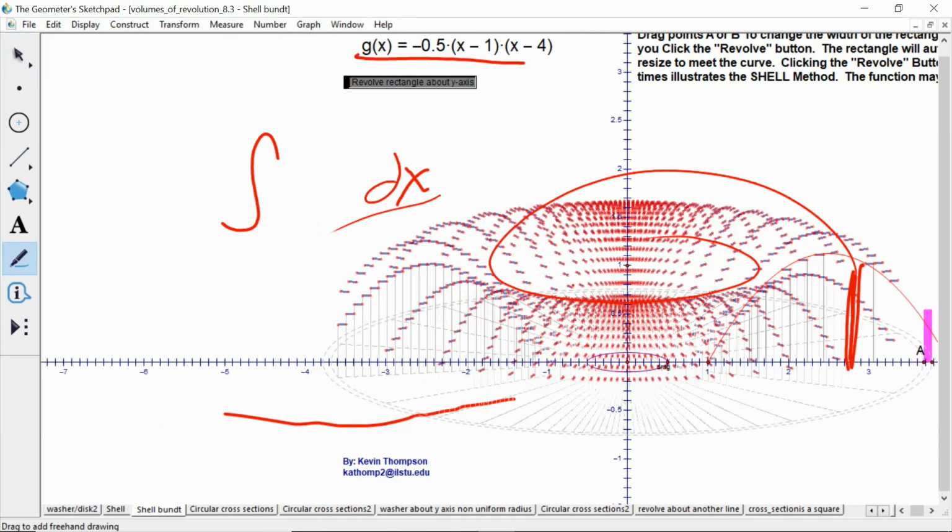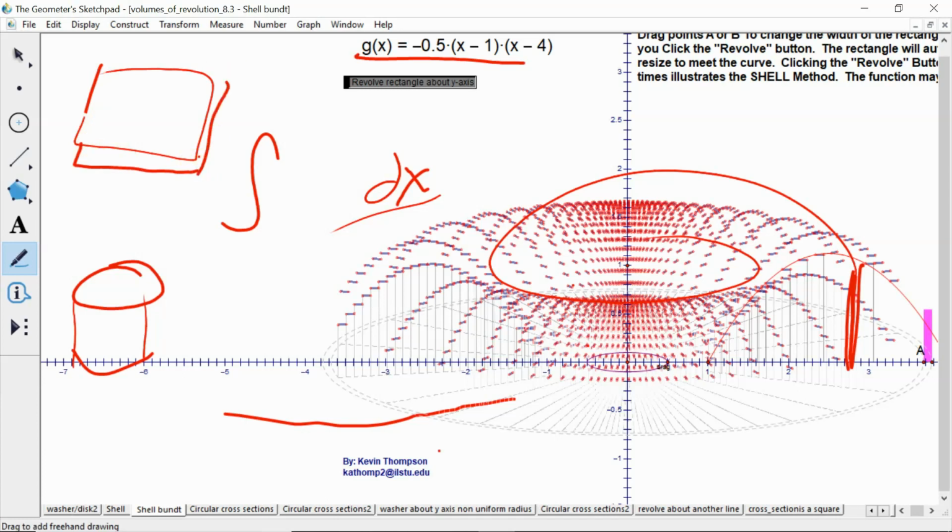And so the shell method, we just have the components that make up the cylindrical shell. So again, if I'm making the analogy to pipes, we're not finding the volume of water that the pipe can hold. We're finding the volume of copper needed to make the pipe, right? It's the amount that goes into the material to make the shape. So we're going to flatten it down into the corresponding prism that would make it.